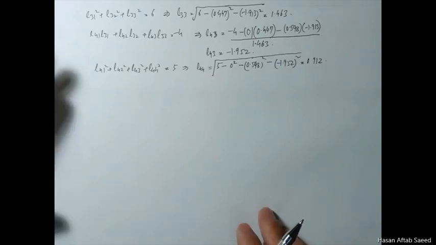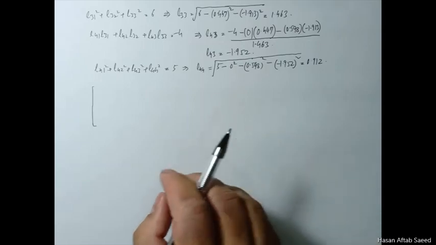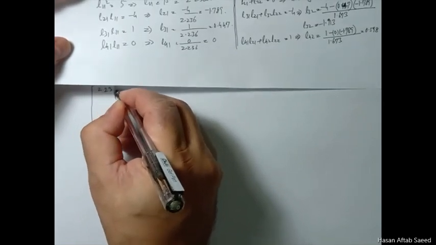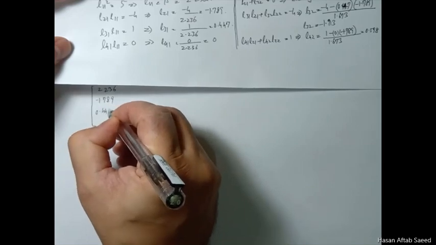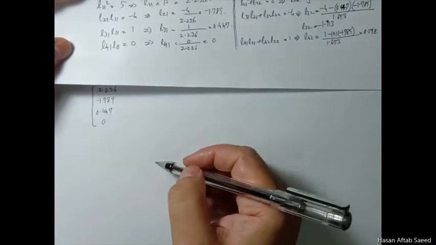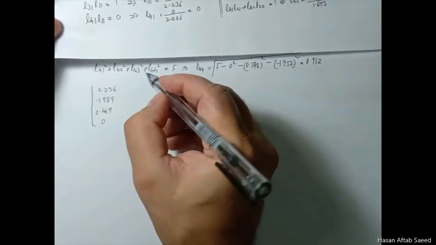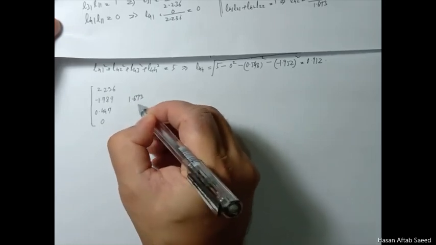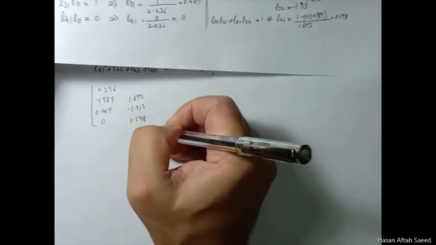Basically all it needs is to write down the lower triangular matrix and the upper triangular matrix. Now using all these, 2.236, we can just copy these here, 2.236 in the same order that we did, 0.447, 0. Now you have 1.673, minus 1.913, 0.598.